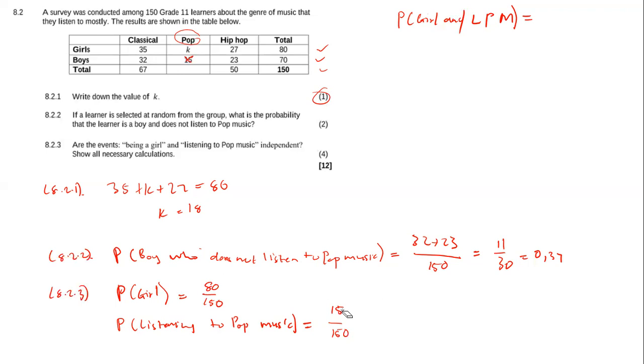That means it's going to be 18, which is our value of K. So it's going to be 18 over 150. Now we need a girl and pop music.